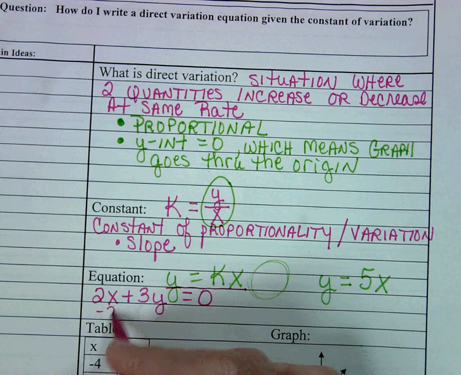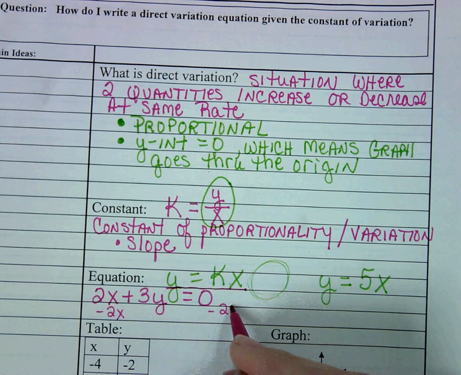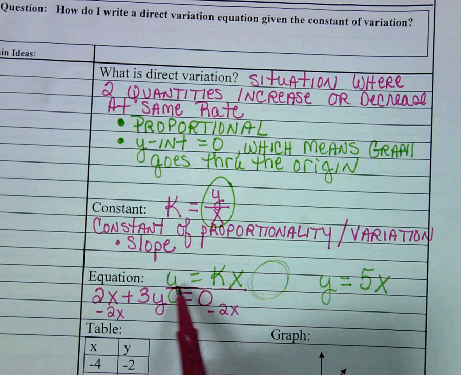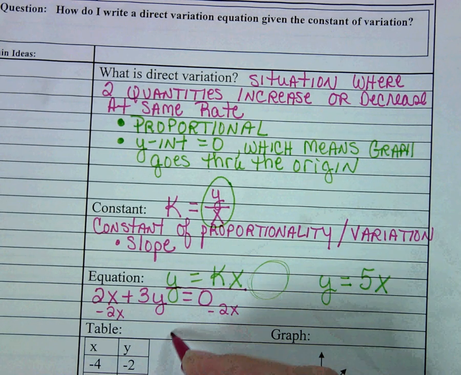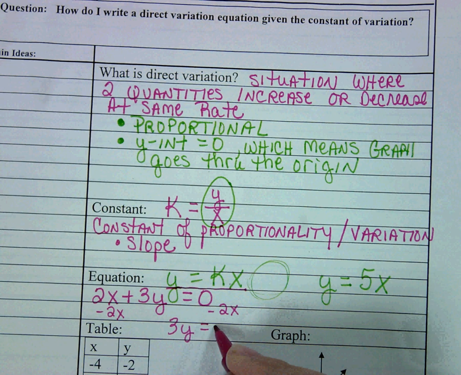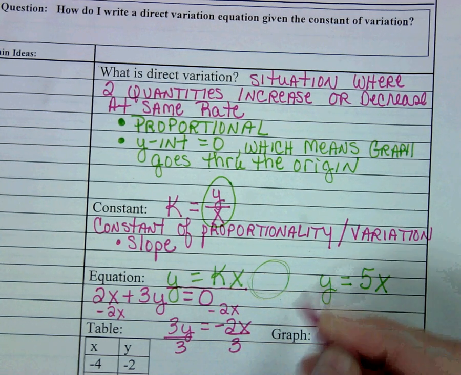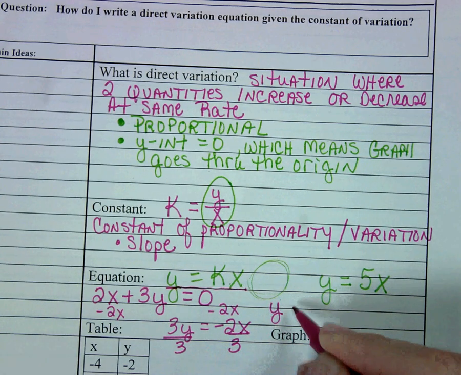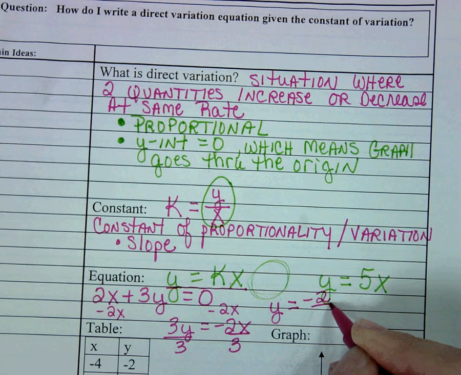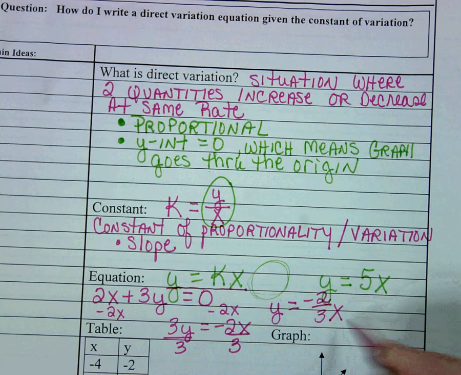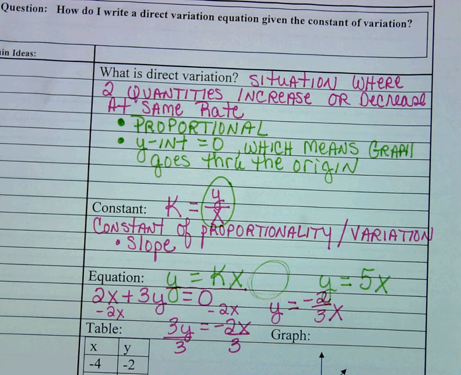But if I rearrange it into slope-intercept form, I would get 3y equals negative 2x, and then if I divide by 3, I see that that equation is y equals negative 2/3 x. And so that is direct variation. The y-intercept is 0. That means it's going to go through the origin, and so it is direct variation.